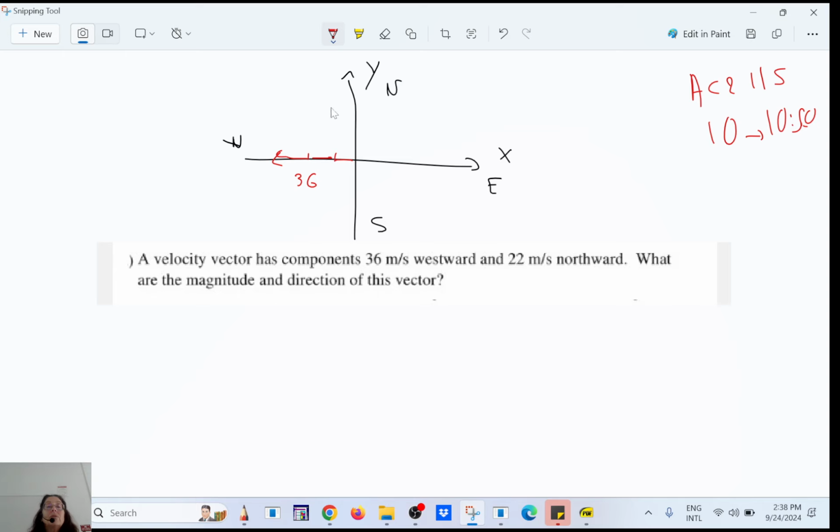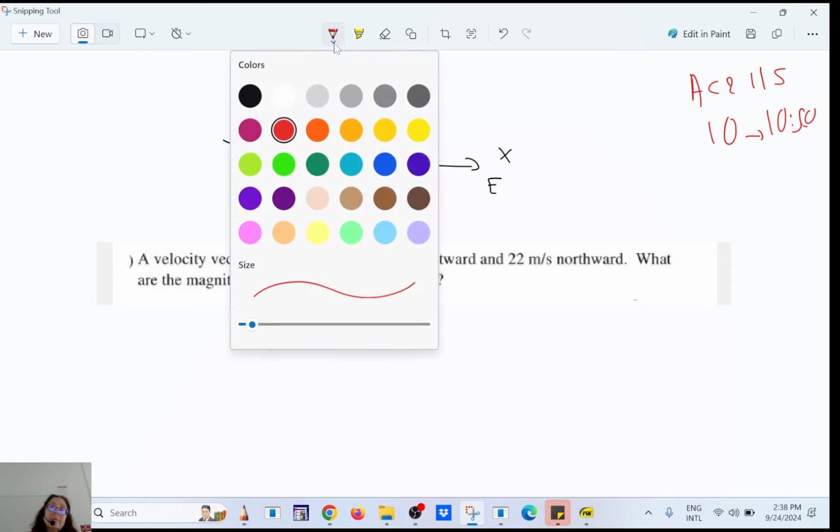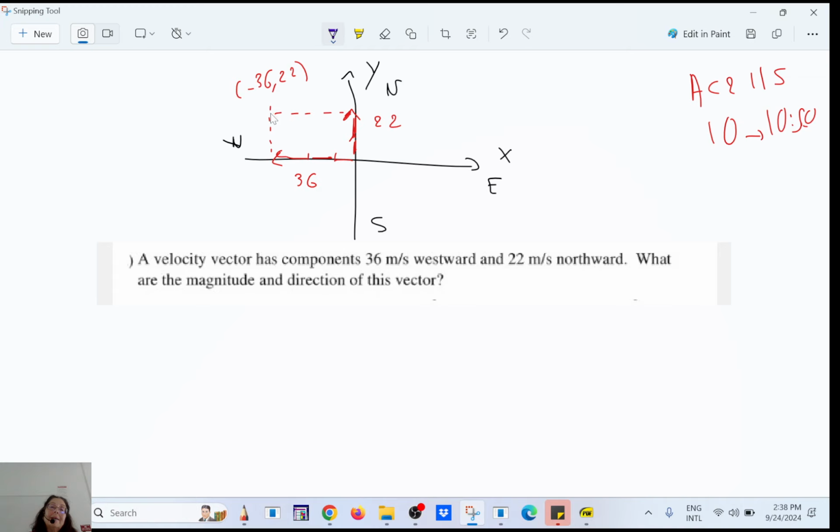And then you say 22 north. So you go up, out here. So that will be your X component, so minus 36. That will be your Y component, 22. So that's going to be your head. The tail is always at the origin.